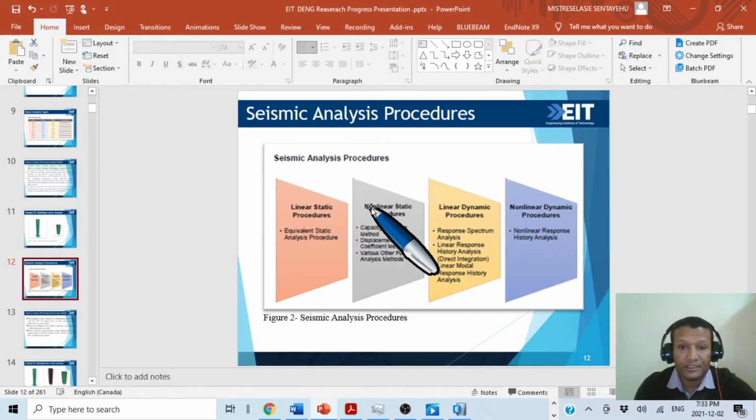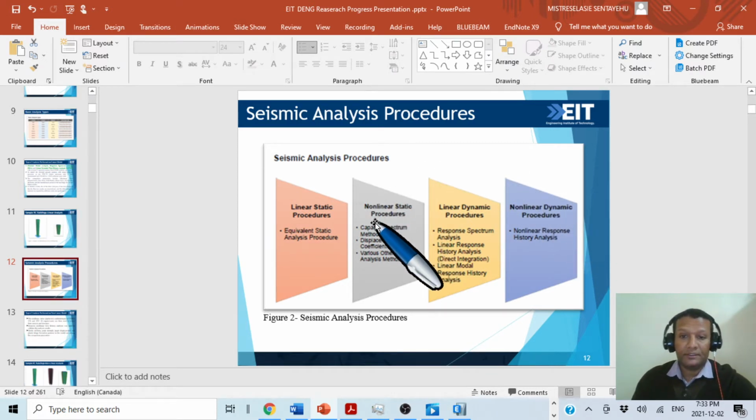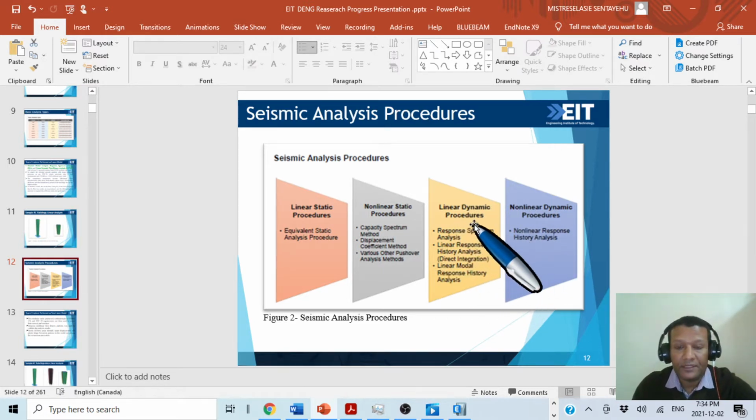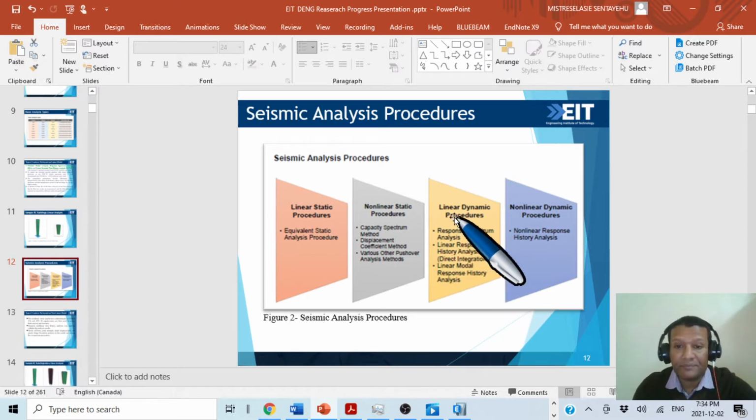Pushover is the nonlinear static procedure, and this is the nonlinear dynamic procedure. So these two will be achieved after these three analyses are completed. For classical modal analysis, response spectrum, linear response history analysis, direct integration, or linear modal response history analysis, the result is the same, only the procedure will be different, so we will see it also.